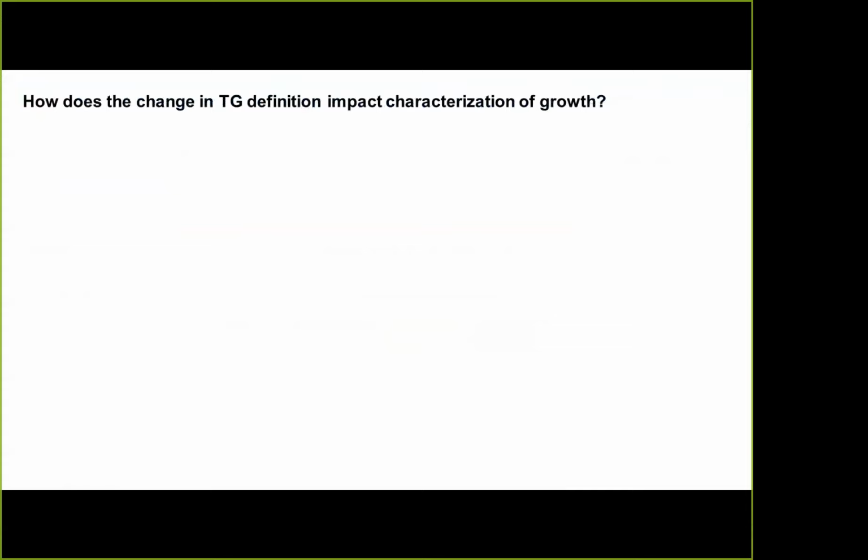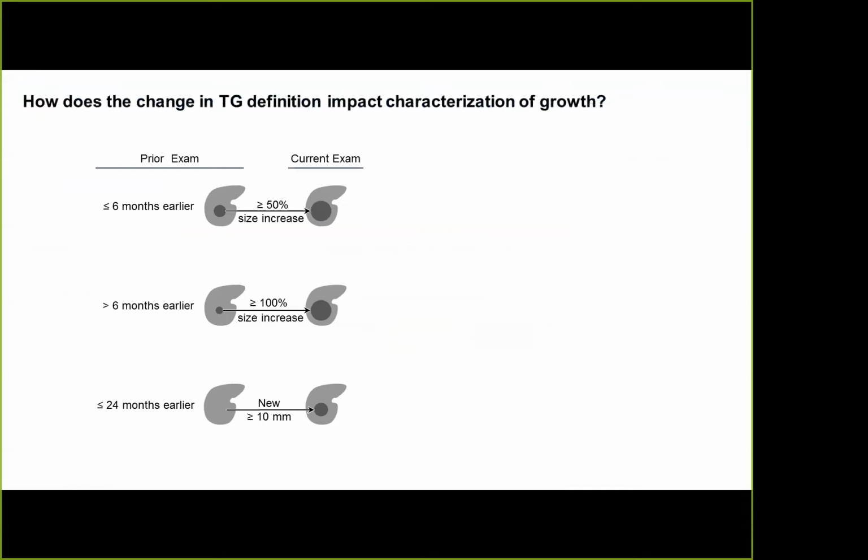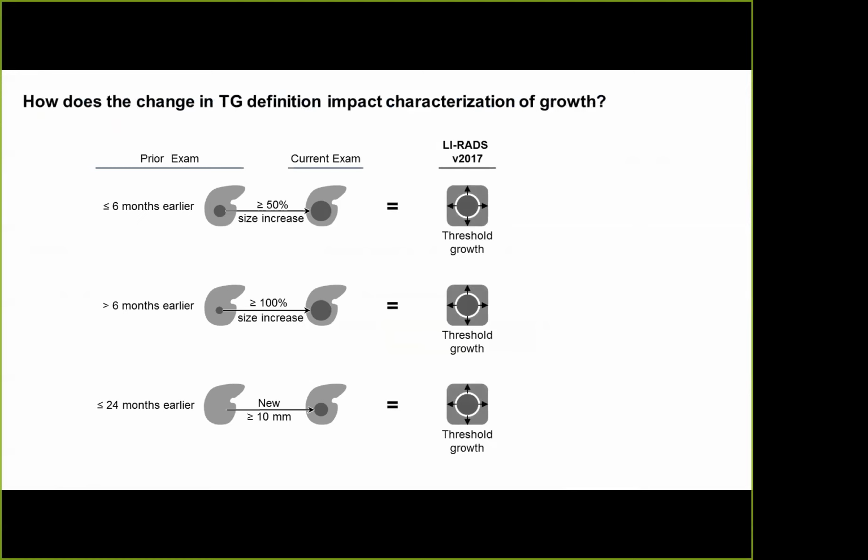So if we look at the threshold growth criteria, this is what it used to be. We used to have a 50% or greater increase in 6 months, or greater than 100% increase in size more than 6 months apart, or a new observation greater than 10 millimeters. So in versions 2017 and below, all of these were considered threshold growth and counted as the same.